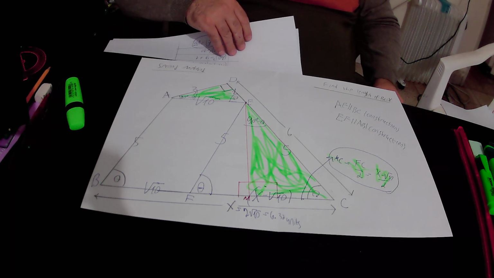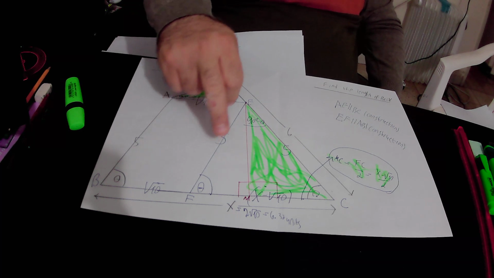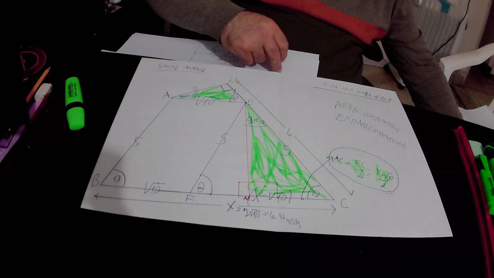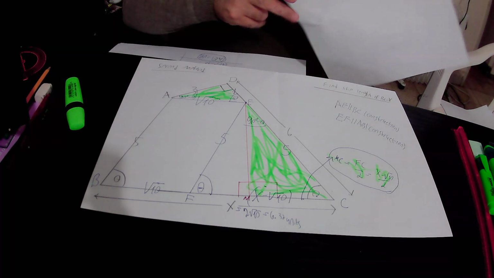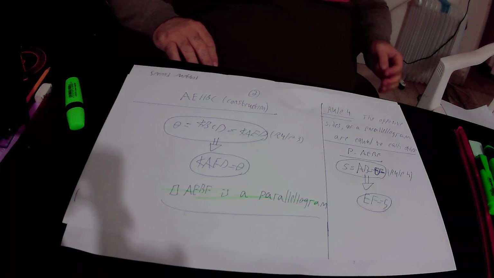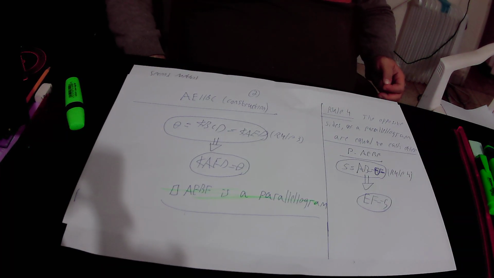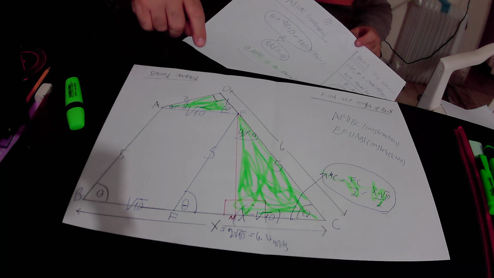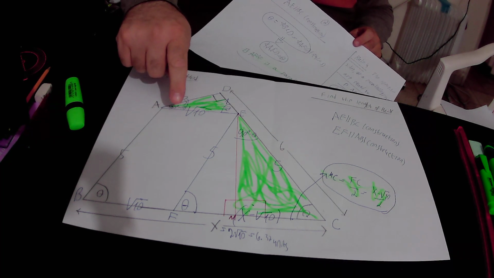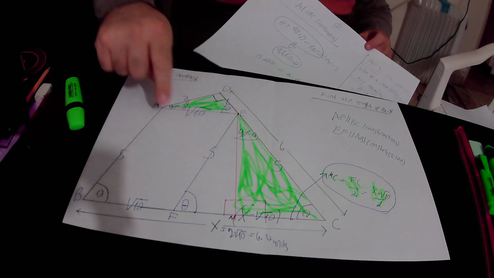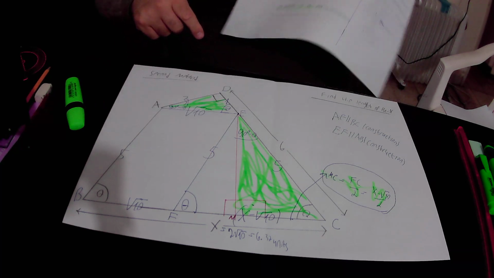And in triangle EFC, we also have rule number 4. According to rule number 4, the opposite sides of a parallelogram are equal to each other. In parallelogram AEBF, it means that AB is equal to EF and AE is equal to BF.